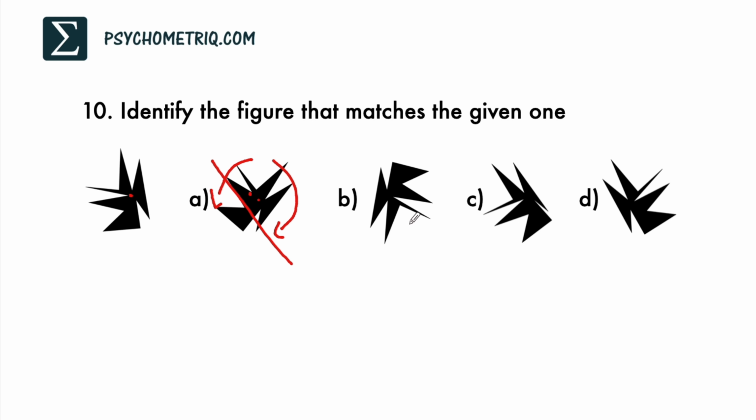Option B is quite rotated, so it's quite difficult to rule out, so we can look at the 2 options to see if we can rule them out faster. For example, by looking at this picture and this one, we can find that this mouth matches with this mouth. This mouth matches with this mouth, and this mouth here, which is quite large, matches with this mouth here, which in this case is very small, so option C is also ruled out.